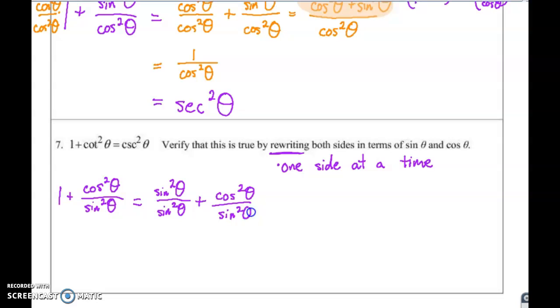And by getting the same denominator, then we can combine them together. And when you get better at this, I would anticipate all of you being able to recognize, oh, sine squared plus cosine squared equals 1. If you're not quite there yet, then rewrite sine squared plus cosine squared, and then the next step would be what I just wrote down. Maybe I'll do that, because what am I trying to do? I'm not trying to rush through anything.